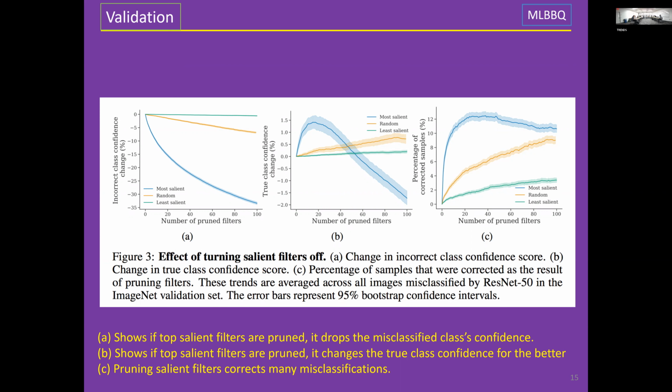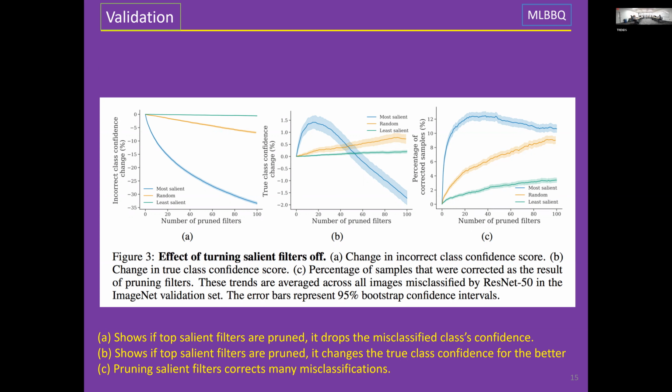Incorrect class confidence change. That means it changes the incorrect class confidence. And they also tested whether the true class confidence, the actual target score, increased, and the percentage of corrected samples.